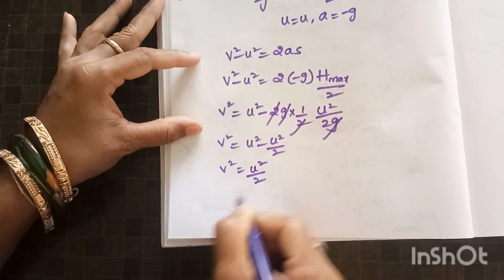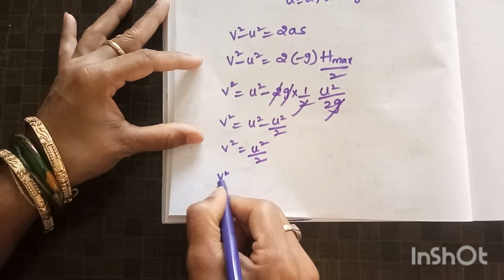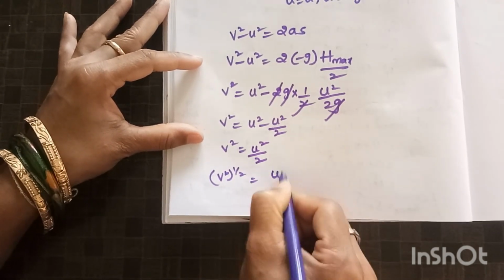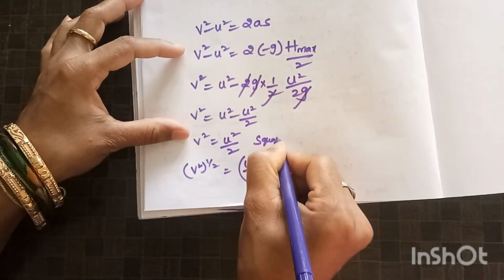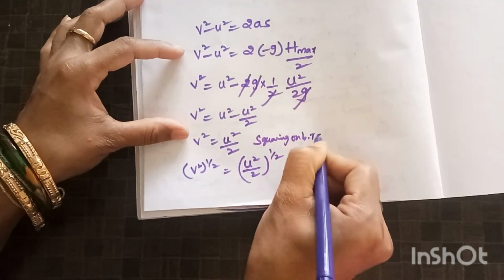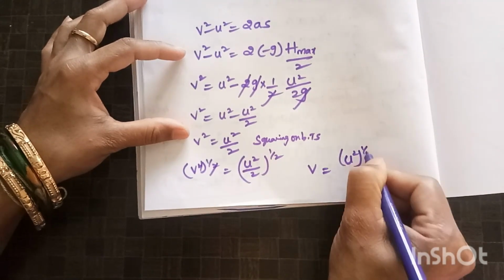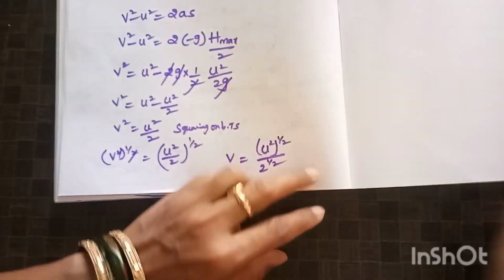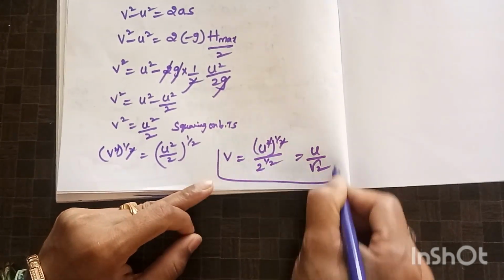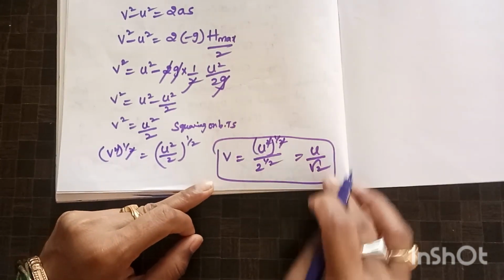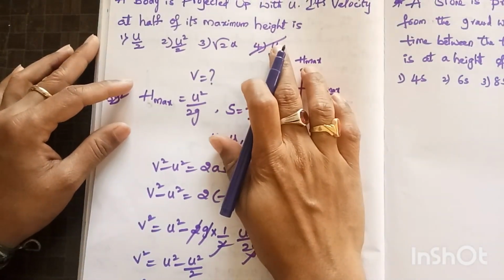Taking the square root on both sides, V equals U by root 2. So the velocity at half maximum height is U by root 2, and the answer will be U by root 2.